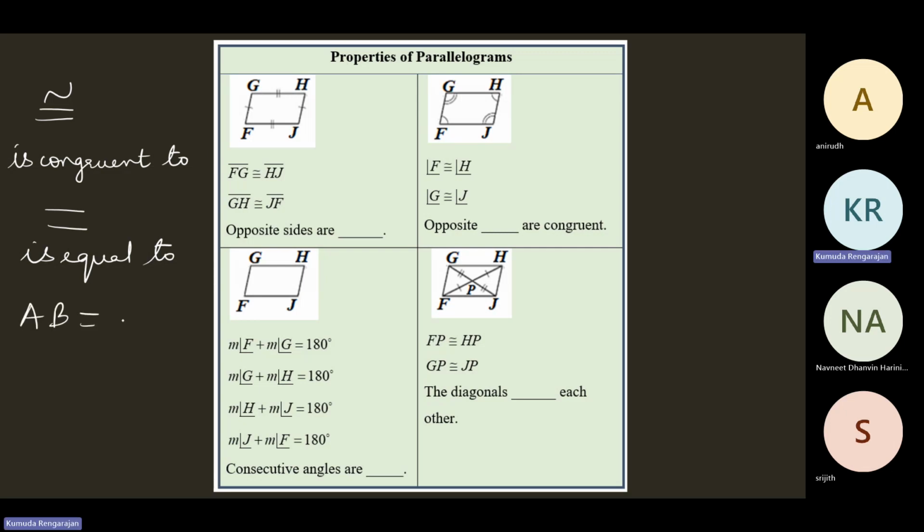For example, AB is equal to CD can also be written as AB is congruent to CD. What does the term congruent mean? Equal. So AB is equal to CD and AB is congruent to CD both give the same information.